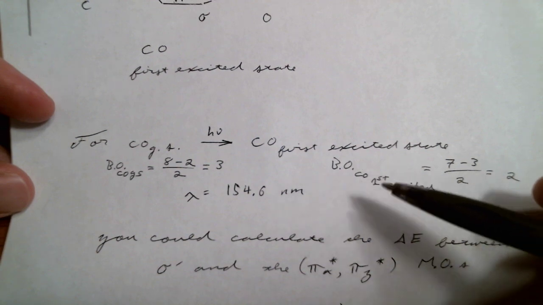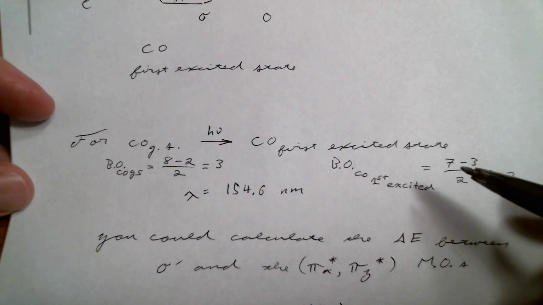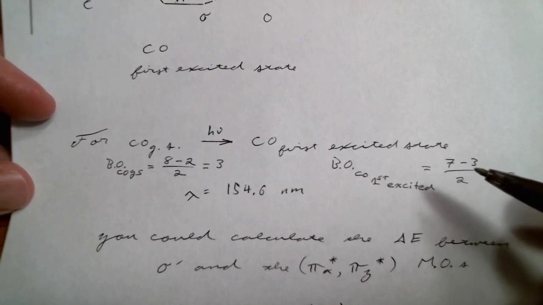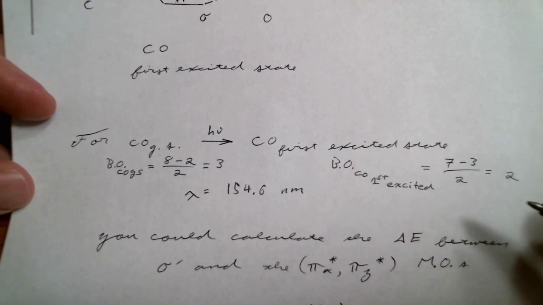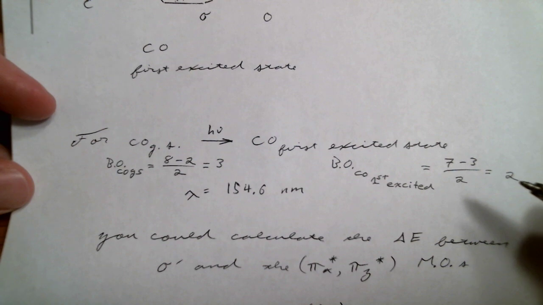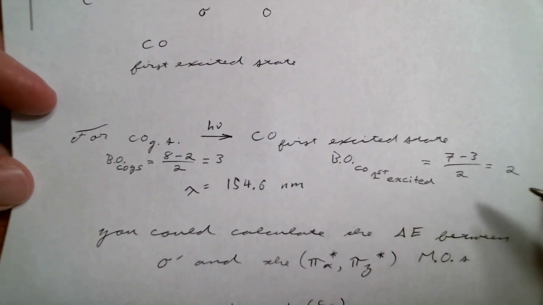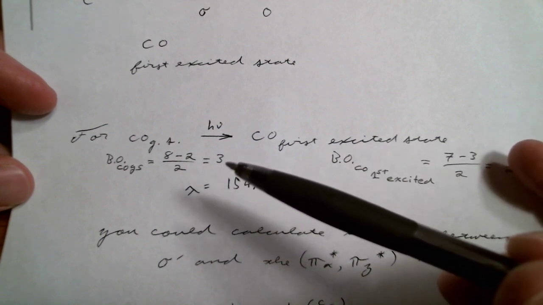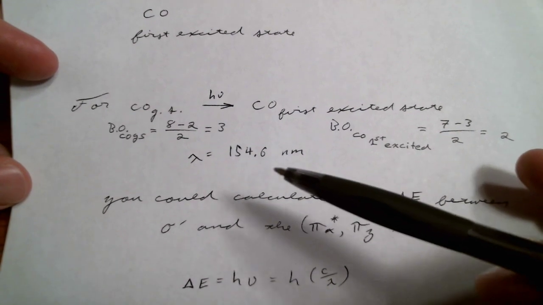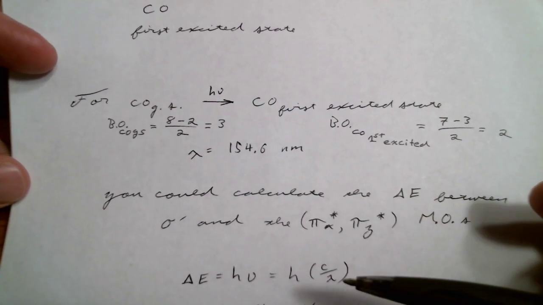In terms of the first excited state, the bond order for carbon monoxide now becomes 7 minus 3, because we promoted an electron from a bonding molecular orbital up to an antibonding molecular orbital, all divided by 2, so that would be 2. So carbon monoxide in the first excited state is going to have a weaker bond than in the ground state. Interestingly, the wavelength of light that does this is about 154.6 nanometers.